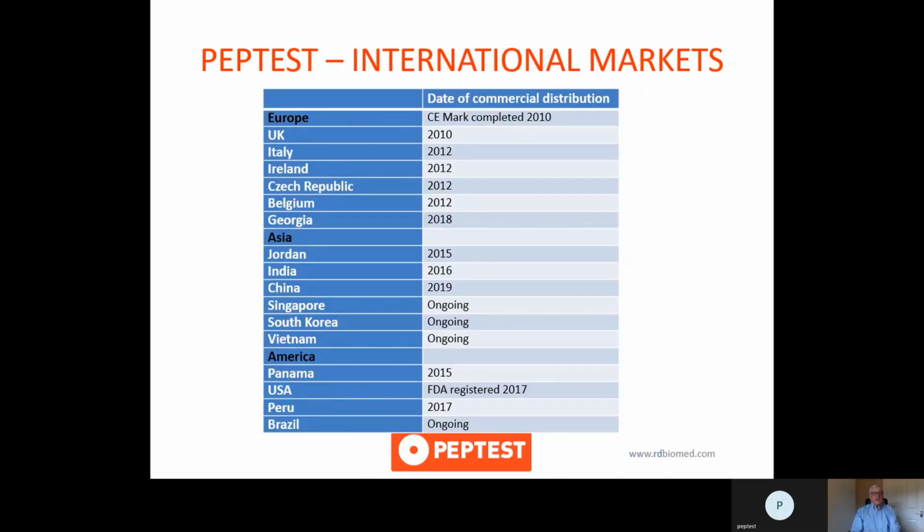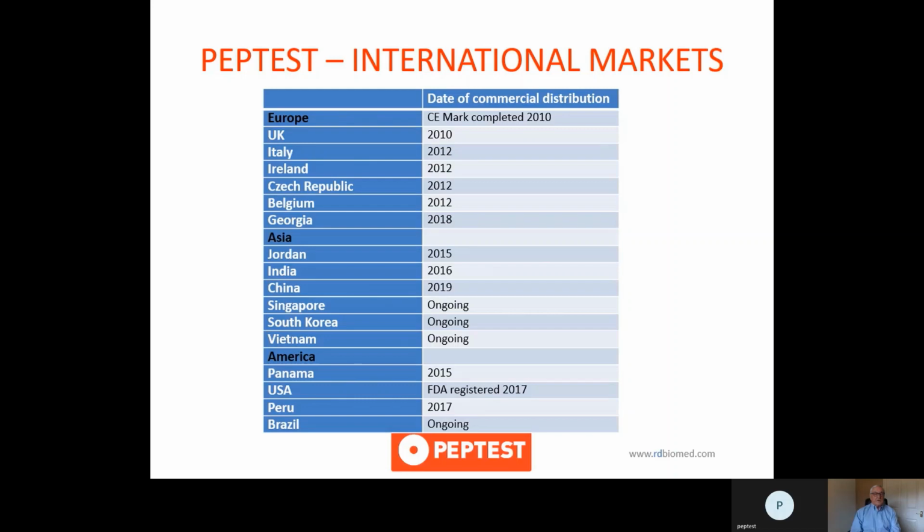PEPTEST is available in various international markets, and I've listed here some of the key markets where it is now registered and freely available. From the UK at the top, I mentioned the launch in 2010. It's been in Italy for nearly 10 years. It's freely available in the Czech Republic, Belgium, and across Asia in India and China.